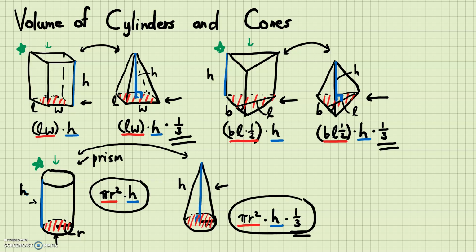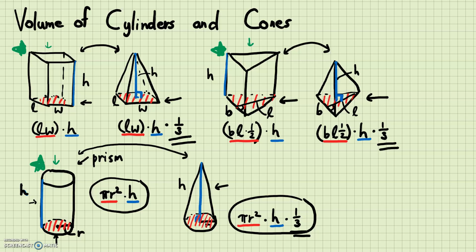But again, I don't want you to just memorize the formula, but understand the concept. If you understand the concept, you don't really even need to memorize the formula. Or even if you do forget the formula, you can always derive the formula in your head. The concept is, for a prism kind of shape, which is the ones that I've marked with a green star here, you find the area of the base and multiply by the height.